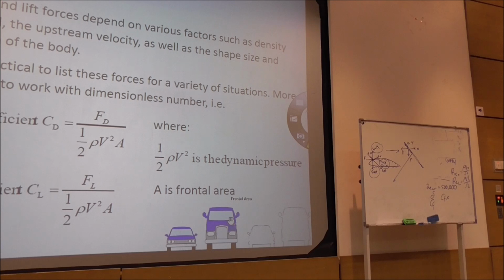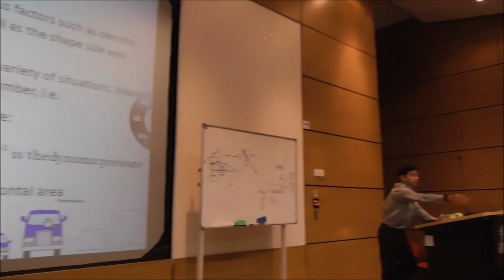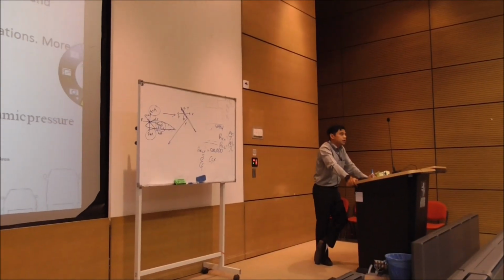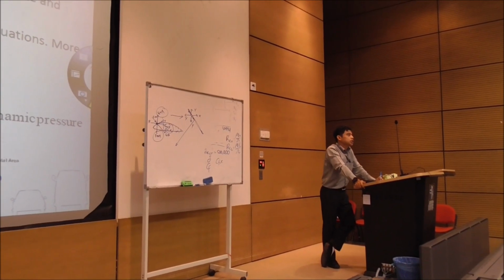Okay? That's why if you have a big car, the frontal area is getting bigger and your drag force will be higher. Even for the same drag coefficient, like Tesla Semi, they claim that their drag coefficient is lower than Lamborghini.